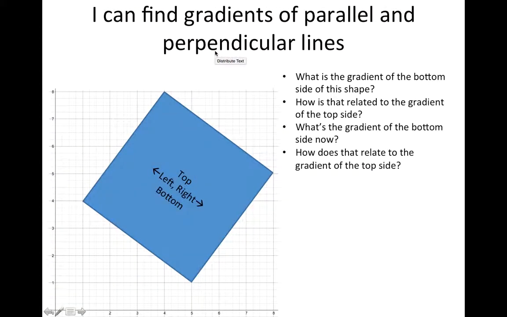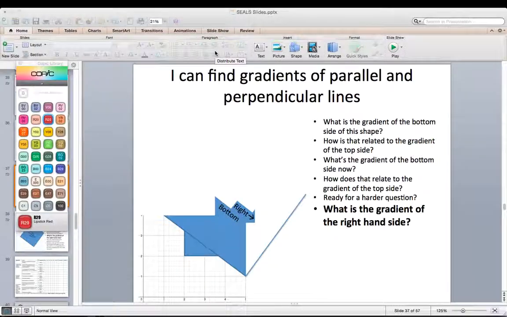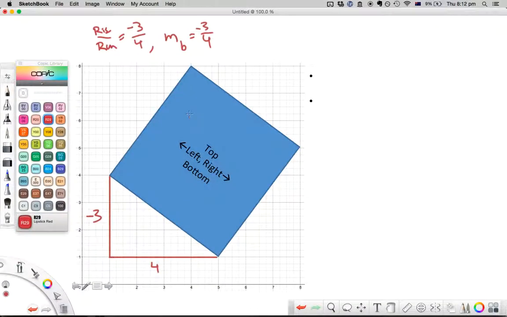How does it relate to the gradient of the top side? Well, let's go back to our picture. Here, we're going from this point to this point. So the rise in this case is from here, down like that, down 1, 2, 3, so that's -3. And our run is from here across to there, so that's 1, 2, 3, 4. So that's +4.